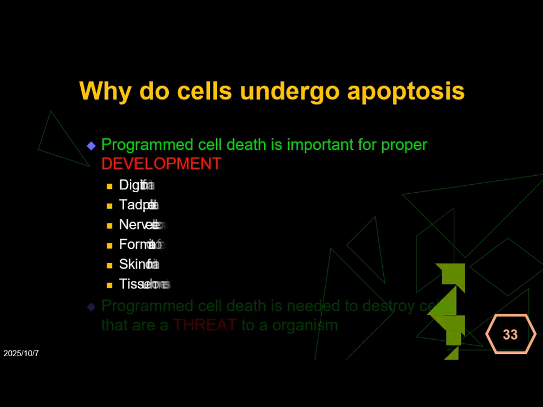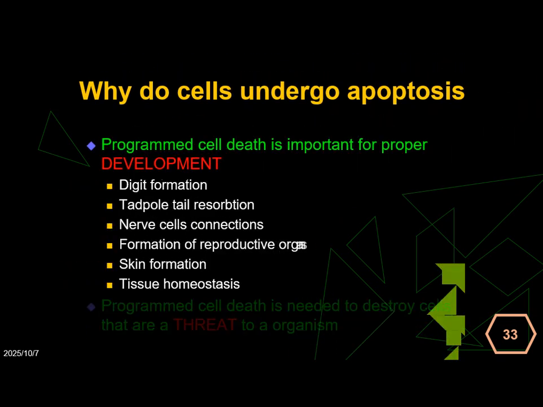Another example of programmed cell death in development is the tadpole tail resorption, a tadpole becoming a frog. Also the nerve cell connection and formation of the reproductive organ. That's interesting.